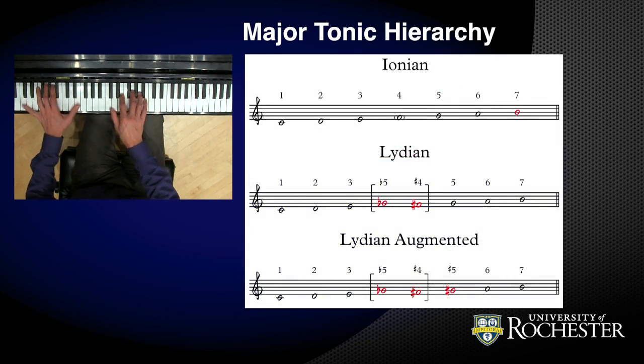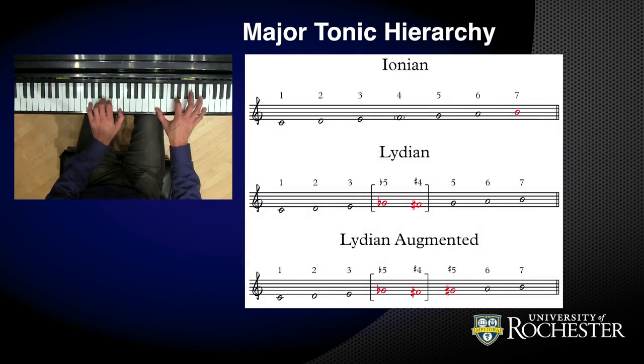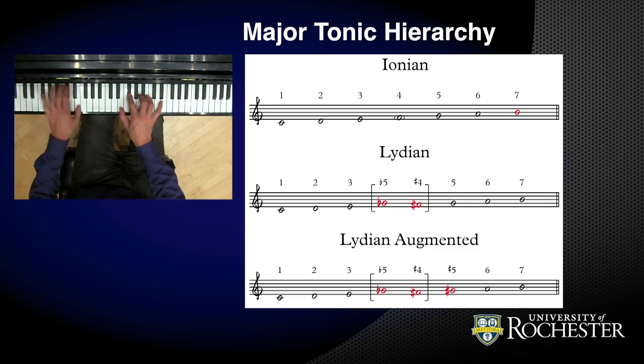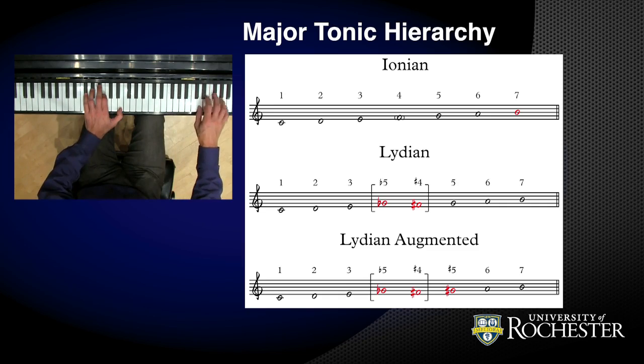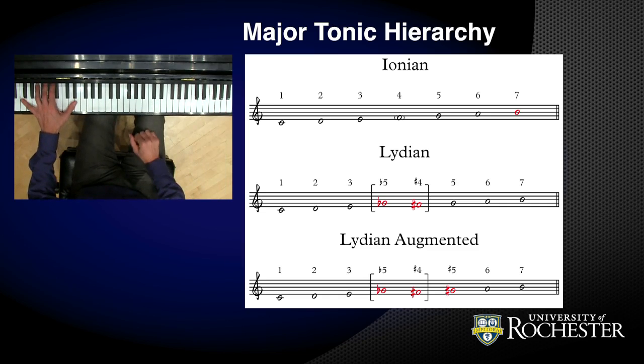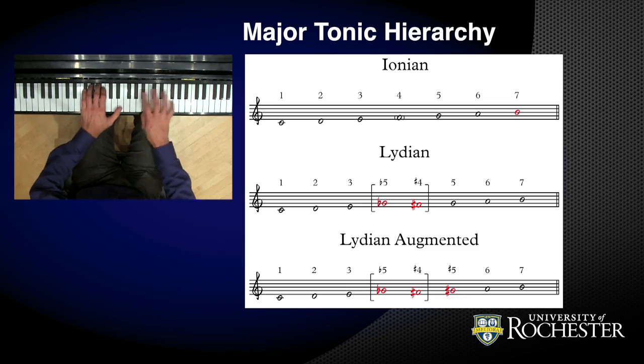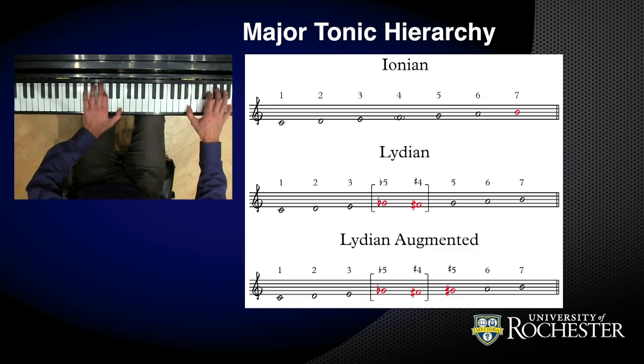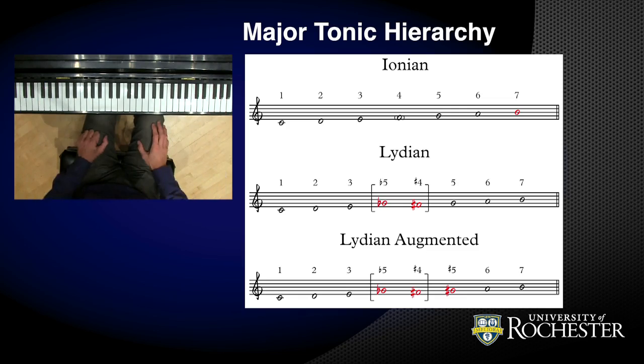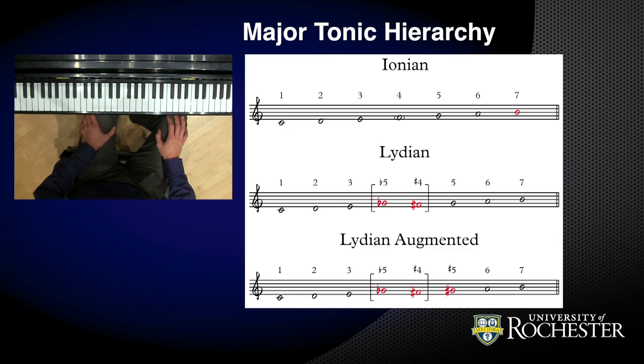So it's completely different from your diatonic Ionian. Ionian, Lydian, and Lydian augmented. Right? It's really important to identify these beauty marks. Major 7, sharp 11, and sharp 5. These pitches have specific sound.